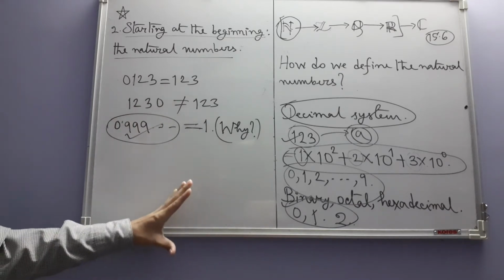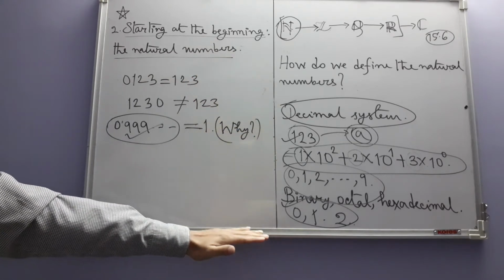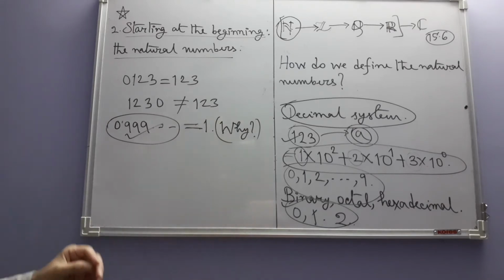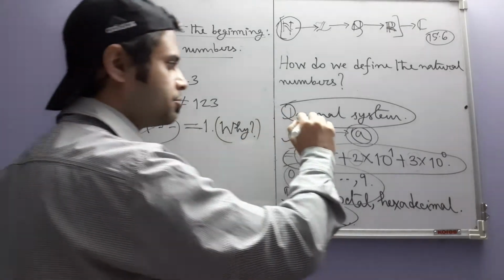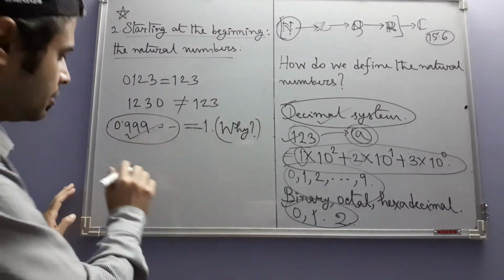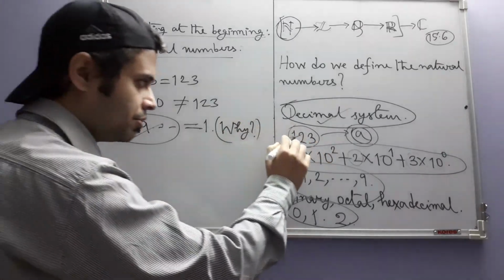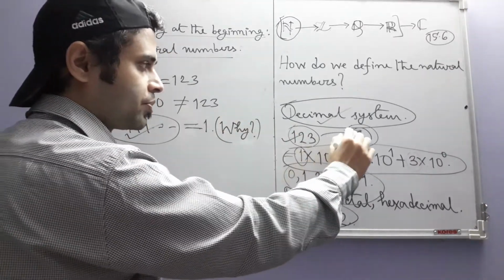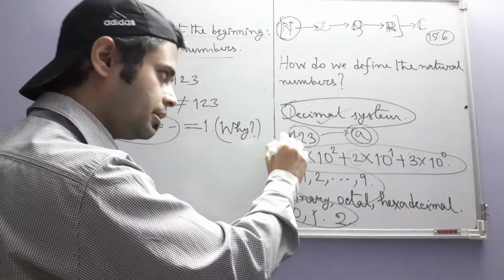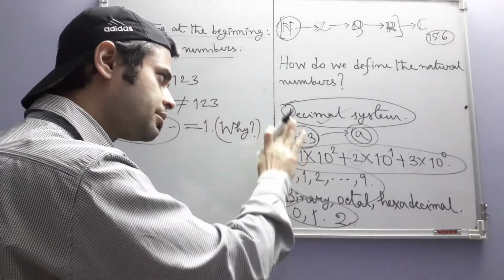In fact, some of its rules, like for example, rules for adding and multiplying numbers, they quickly become very messy. So we will not use decimal system. In fact, we will not use decimal system other than the task of writing numbers like this. I mean, instead of devising some symbol for 123, we will write 123 in this form only, but we will use decimal system till that only.